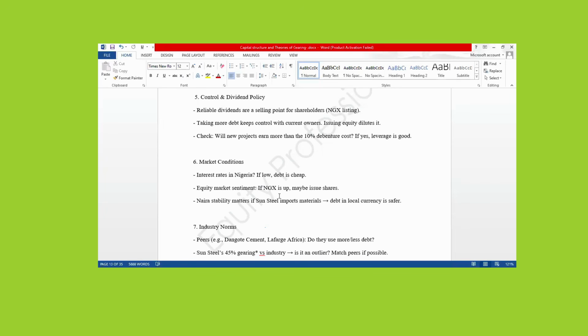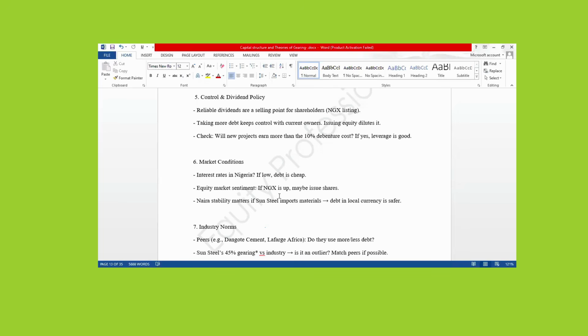Naira stability matters. Naira stability matters if Sun Steel imports materials. That is, we are going to consider the stability of the exchange rate. If this company imports its materials, at times, building materials are imported.